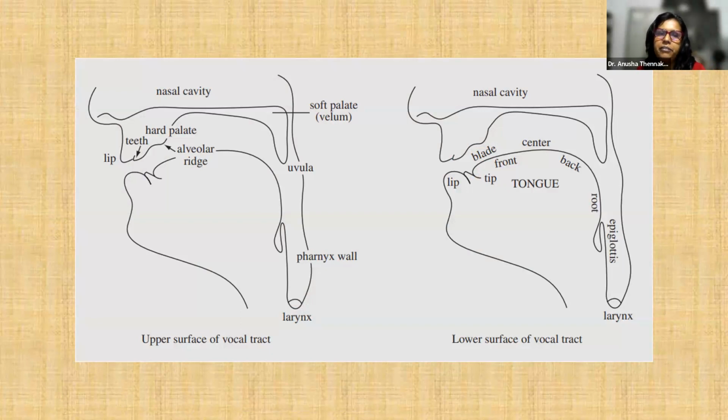Larynx, pharynx, uvula, soft palate or velum, alveolar ridge, hard palate, teeth, lip, nasal cavity. Then the lower surface: larynx, epiglottis, root, back, front, tip of the tongue, lip, blade, center, nasal cavity.